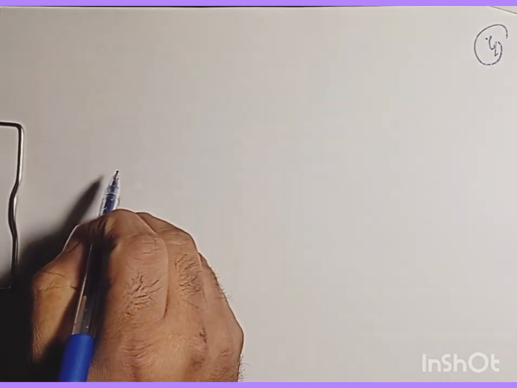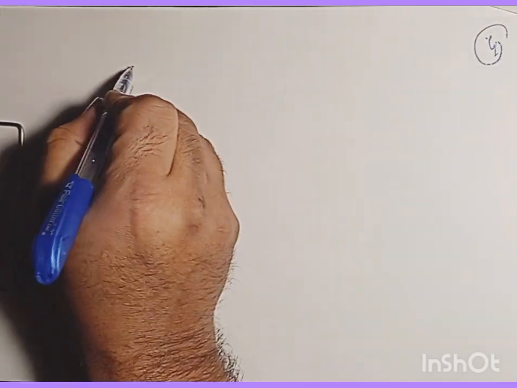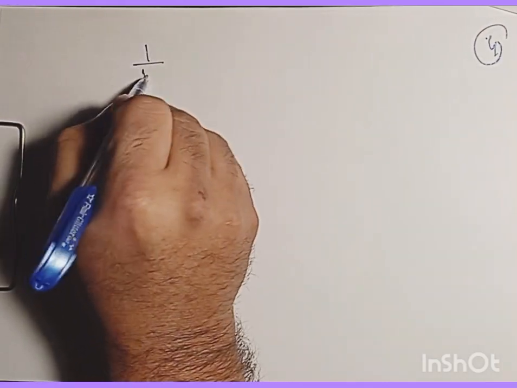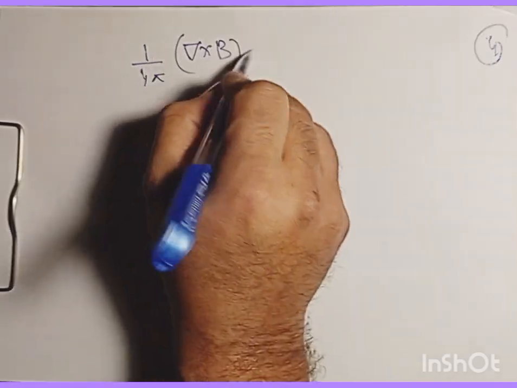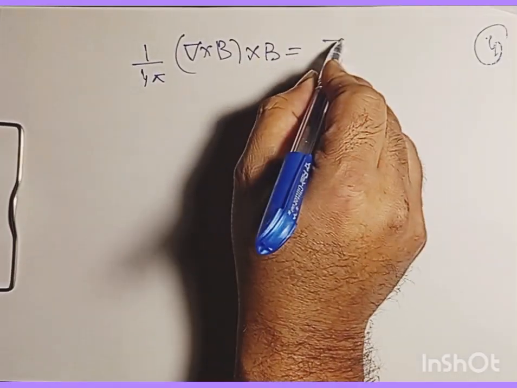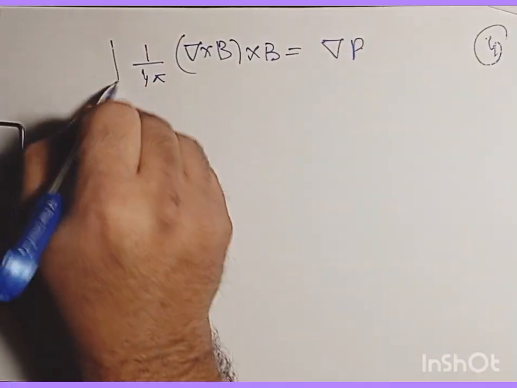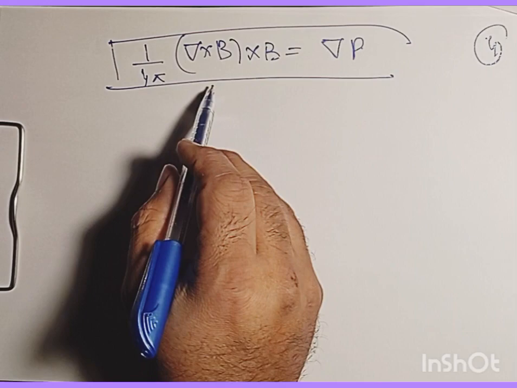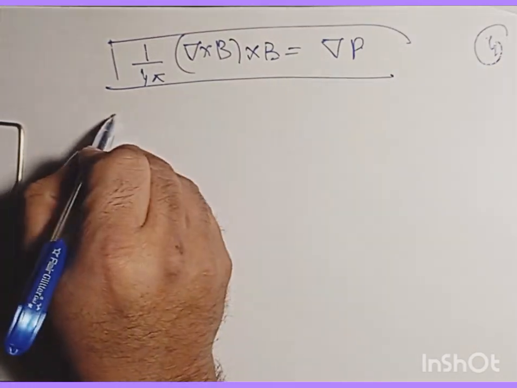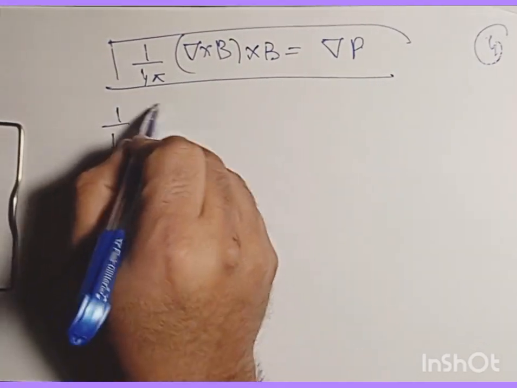So let me write this down again: this is 1 by 4 pi del cross B, and then cross B is equal to the change in pressure, the pressure gradient, right? That's the case. Now we can use the formula here.